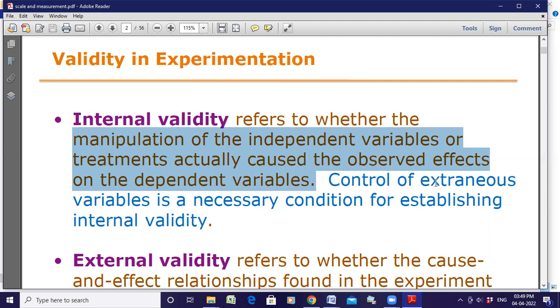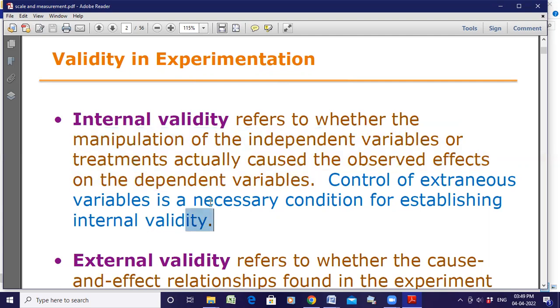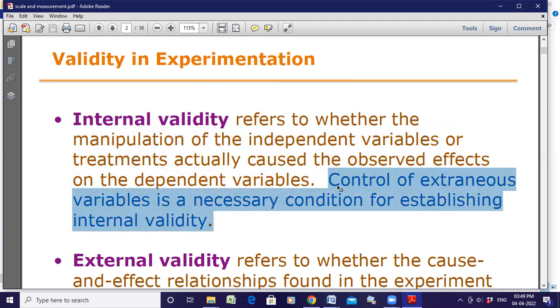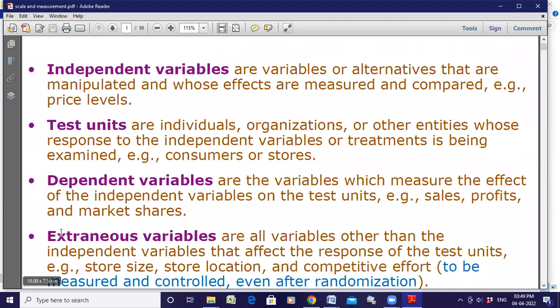Control of extraneous variables is a necessary condition for establishing the internal validity. Remember, you may note it down also, very important point. Control of extraneous variables. Just now we have discussed the extraneous variable, for example store size, store location. Based on the location the store is in, the performance, meaning how much profit or how much loss, depends on the sales.